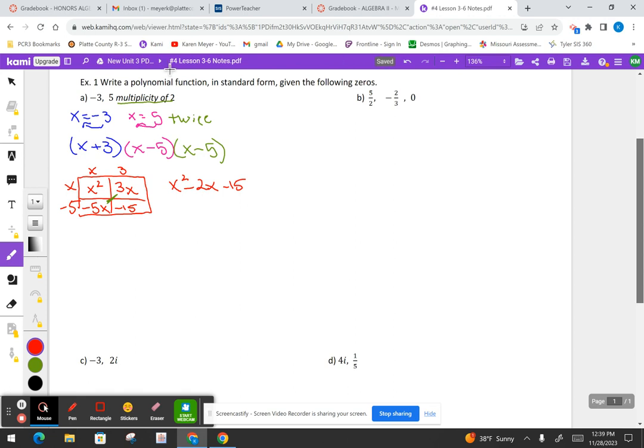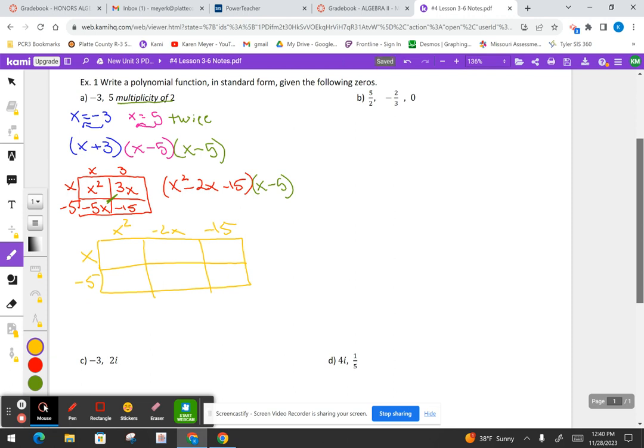And then you're going to take this one and multiply it by the last parentheses that we haven't used yet. So we're going to make another box, but this time a rectangular box. So x squared, negative 2x, negative 15, x, negative 5.